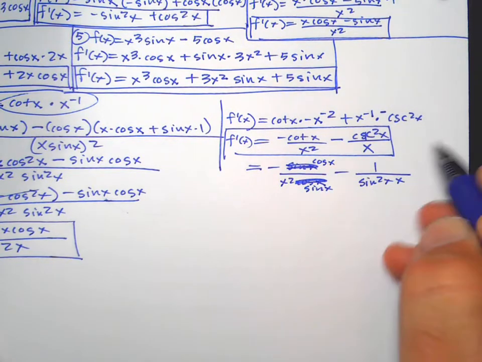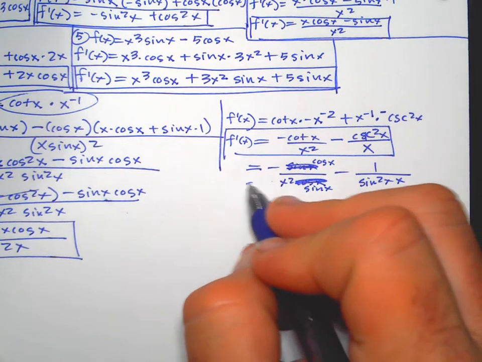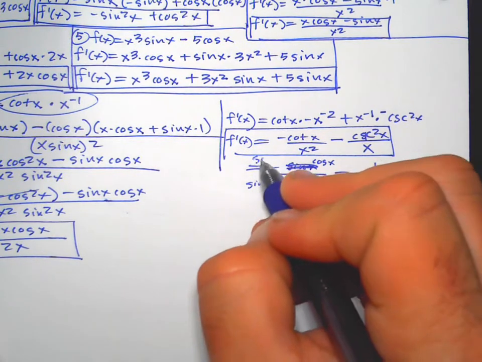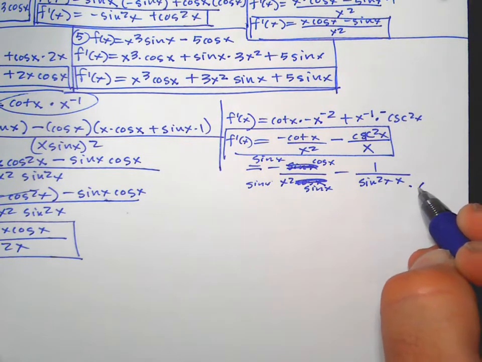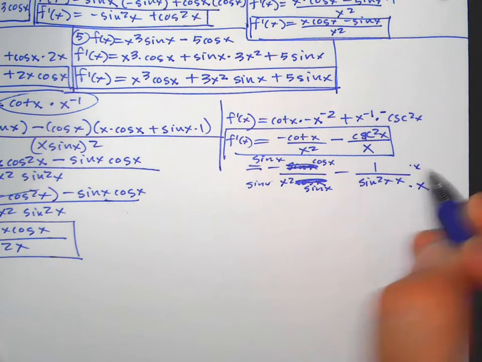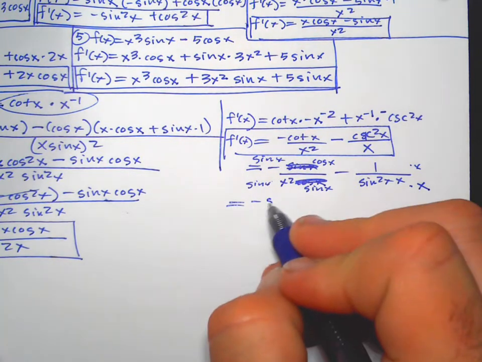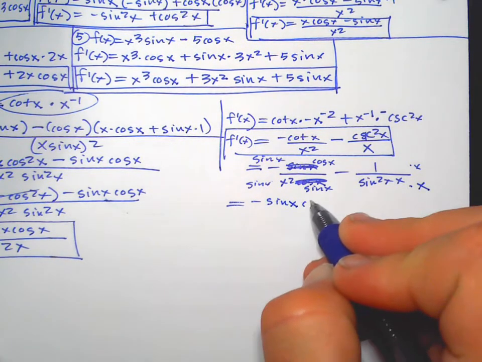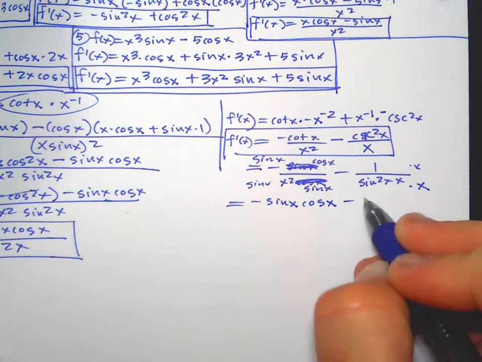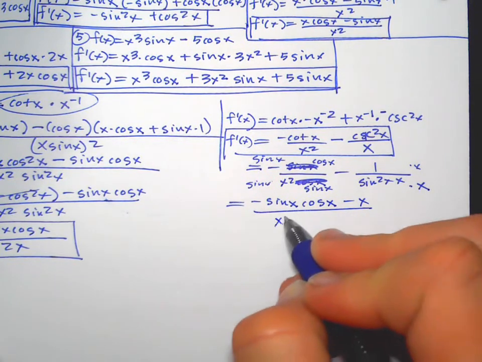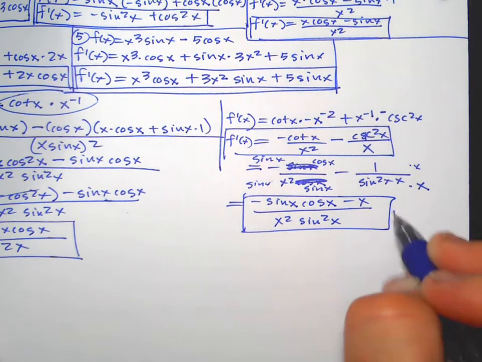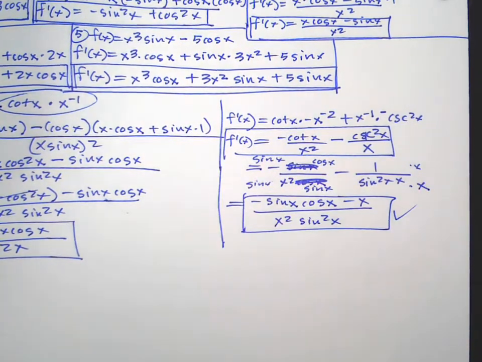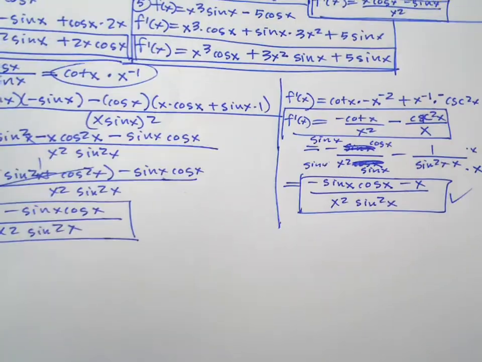So least common denominator, this would need an extra sine x. And this would need an extra x. So you would get negative sine x cosine x minus x over x squared sine squared. Same answer as I got the other way. Anyways, either way, kind of messy.